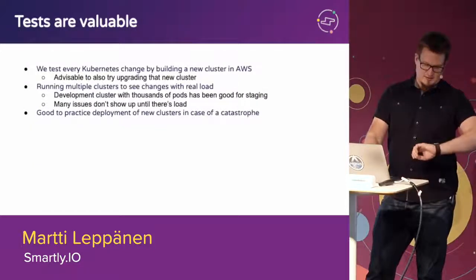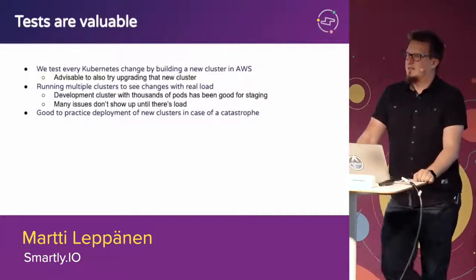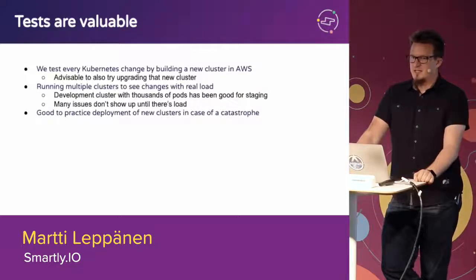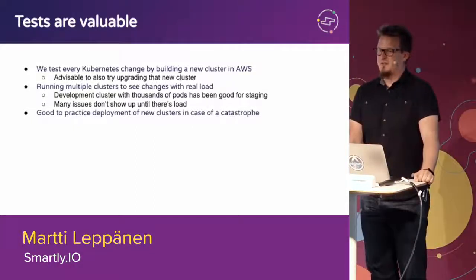And one more thing, as the last slide, you should be doing testing. So, as said, we've had some meltdowns, not with production, but with testing systems or semi-testing systems such as our development cluster.